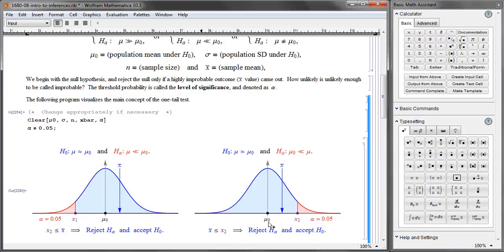Under that assumption, the probability that we get something this big is 0.05. And if my x bar, the sample mean, falls into this red region, then we'll have to reject the null hypothesis and accept the alternative hypothesis, consequently committing the type 1 error.